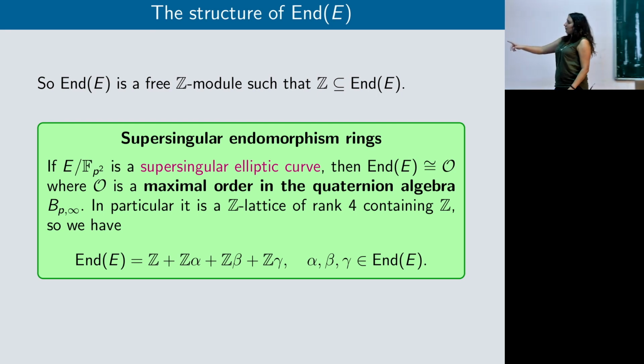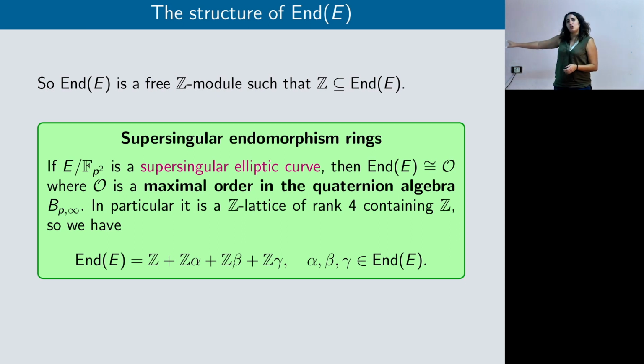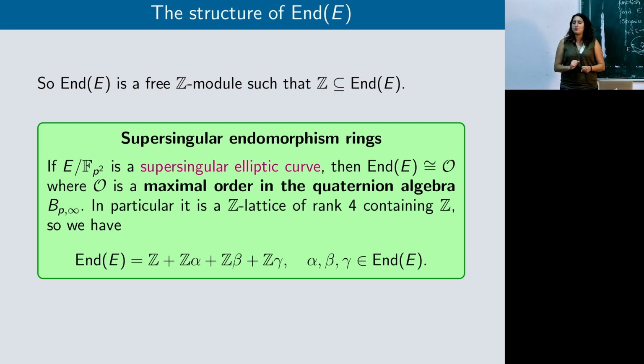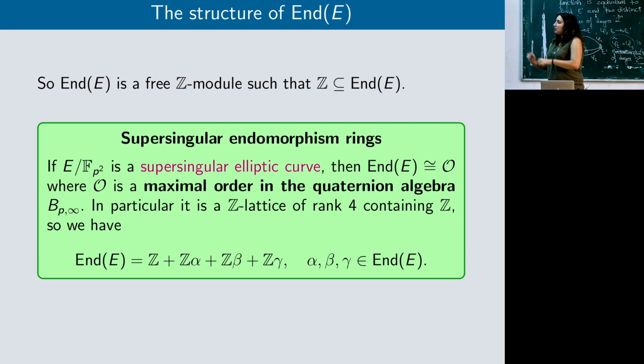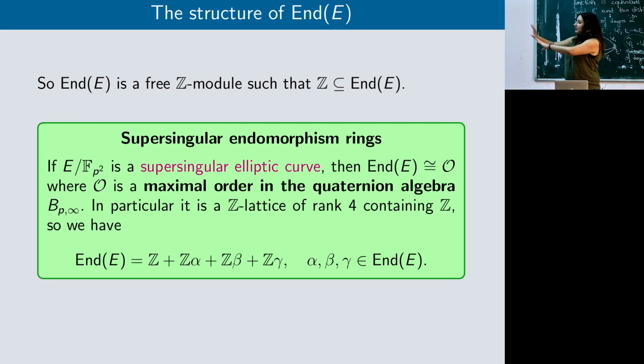If we have a supersingular elliptic curve that we can always take over F_p squared, now I'm going to tell you some words that you probably don't know, but the endomorphism ring is isomorphic to O, which is a maximal order in the quaternion algebra B_{p,infinity}.